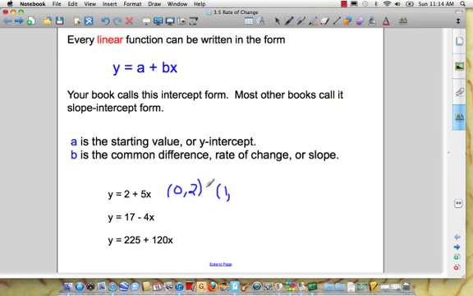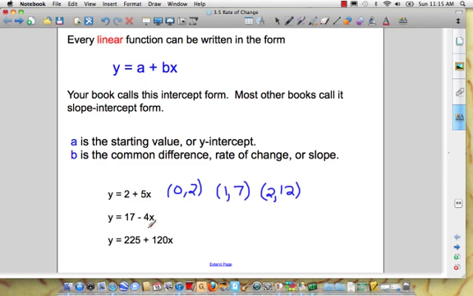So it won't be 2 anymore, it'll be 2 plus 5, or 7. And if x goes up 1 more, from 1 now to 2, the y value is going to go up 5 more, so 7 plus 5 is 12. You could also get those numbers by plugging 2 in for x. So 5 times 2 is 10, plus 2 is 12.